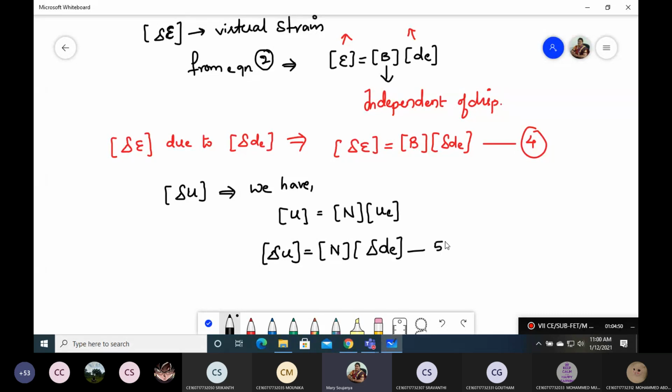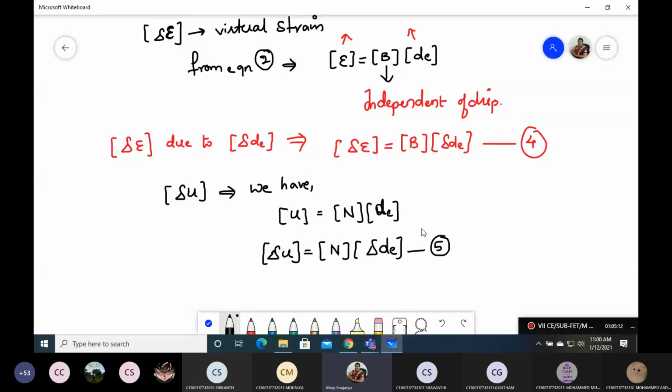Let us take this as equation number 5. Whether it is called UE or DE, it is the same; it means the elemental displacement matrix only. Are we clear so far until equation number 5?